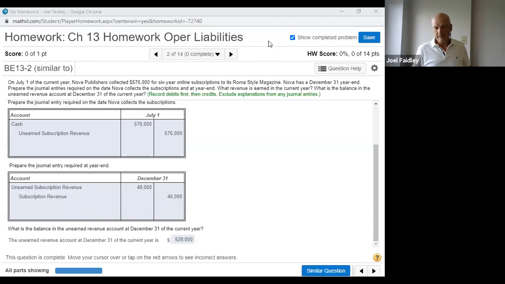So there's my initial 576,000, and so we're reducing that by 48,000 at the end of the year, basically taking it out of the liability and putting it to revenue that's been recognized. So 576 and 48.